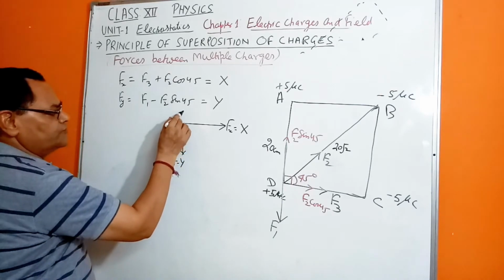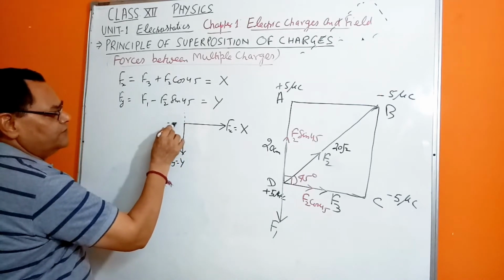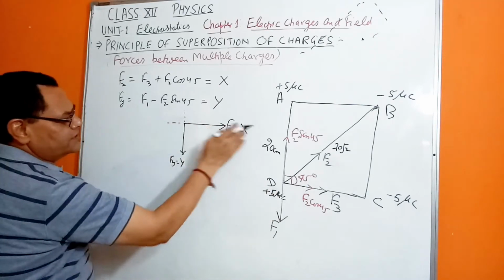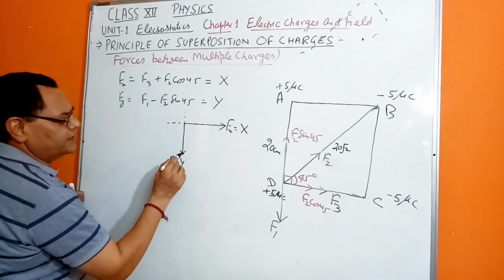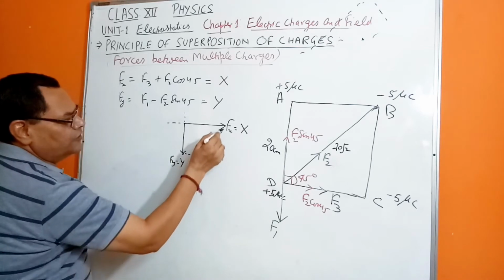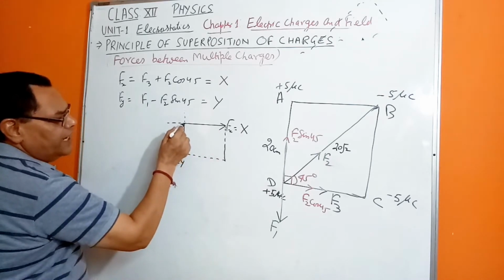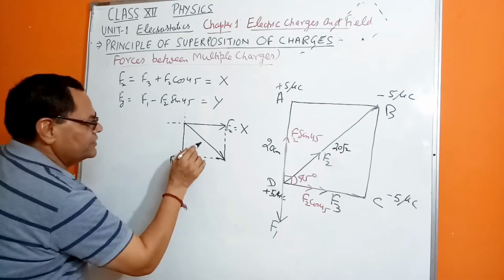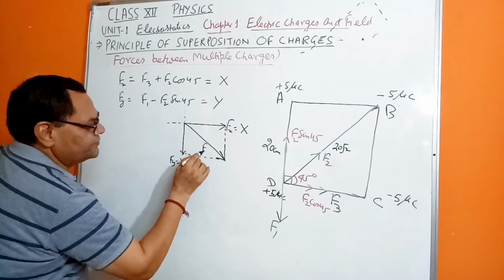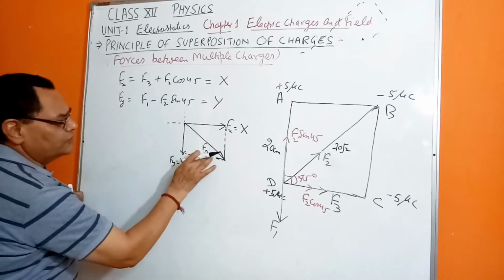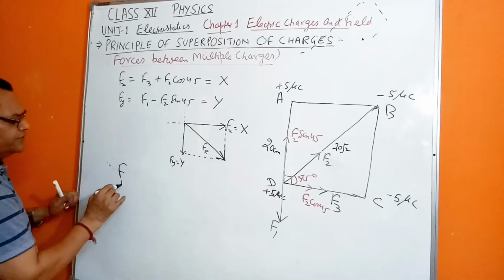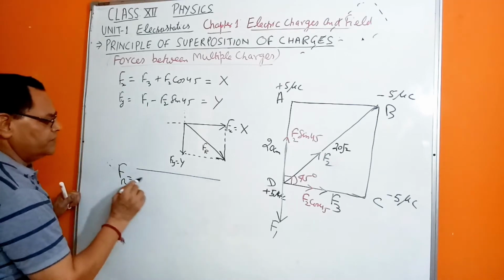Because it was the xy plane only here at this point, one force this way, other force this way. So how to get the resultant? Again by using the law of parallelogram of vectors. So the resultant force will be this, Fr, that is F resultant. F resultant will be equal to the parallelogram of vectors.